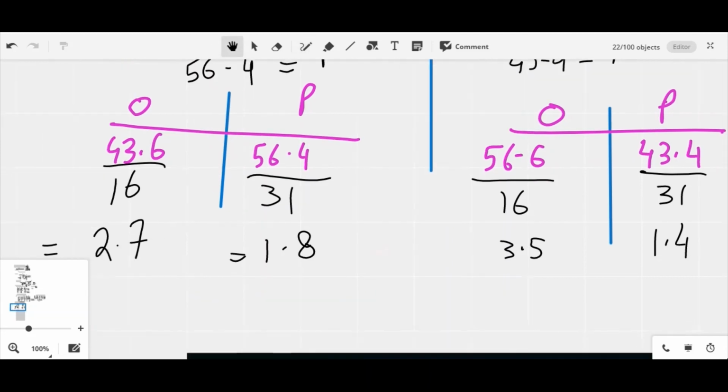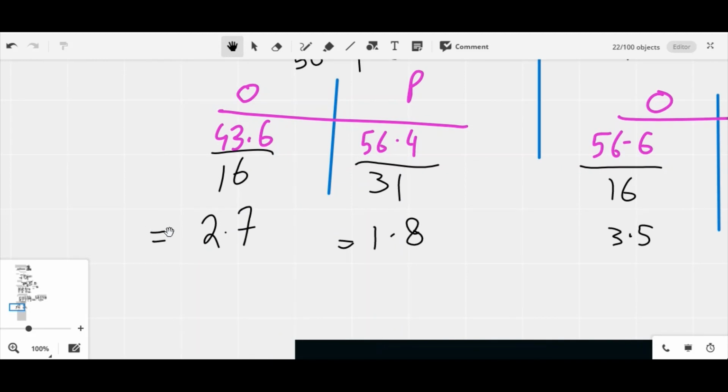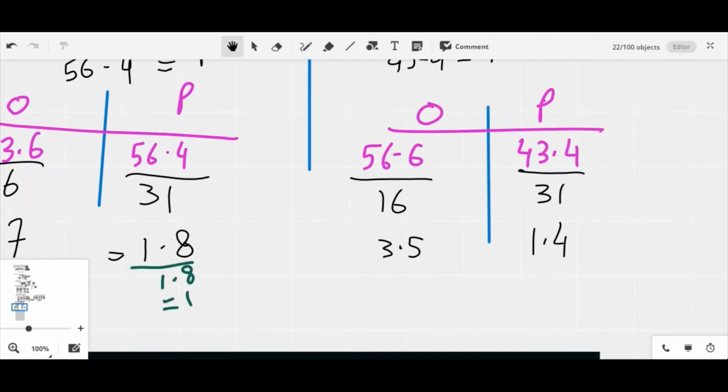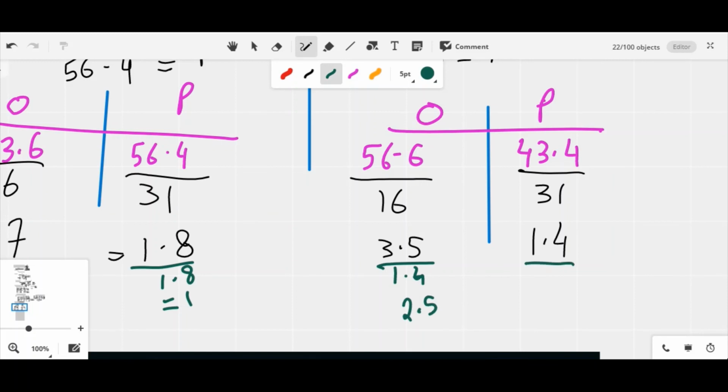Now 2.7 and 1.8 are not whole numbers, so we divide by 1.8. 2.7 divided by 1.8 gives 1.5, and 1.8 gives 1. In the next case, 1.4 is the smallest number, so 3.5 divided by 1.4 gives 2.5, and 1.4 divided by 1.4 gives 1.